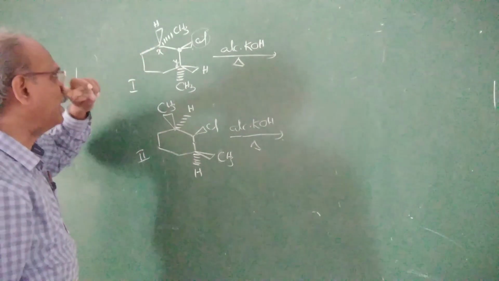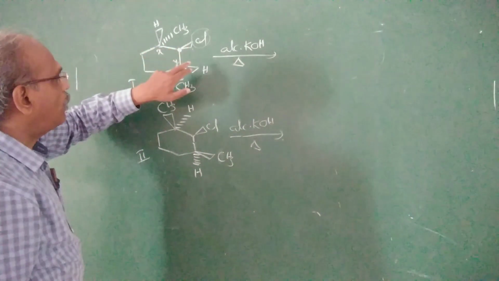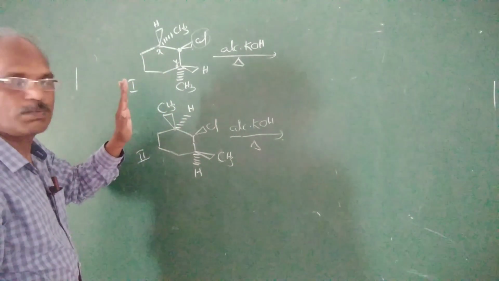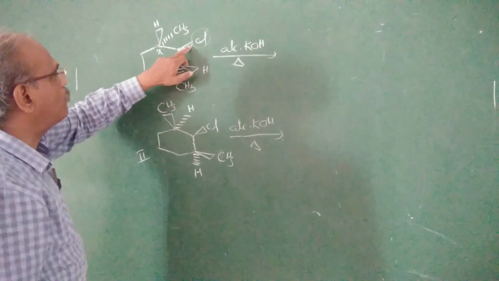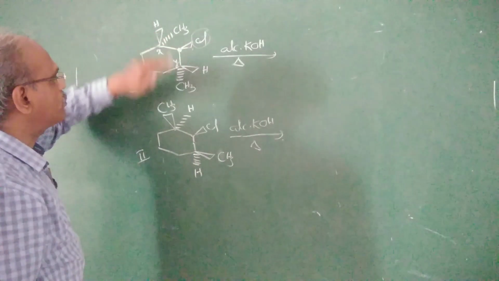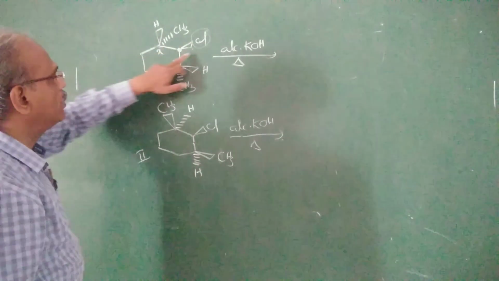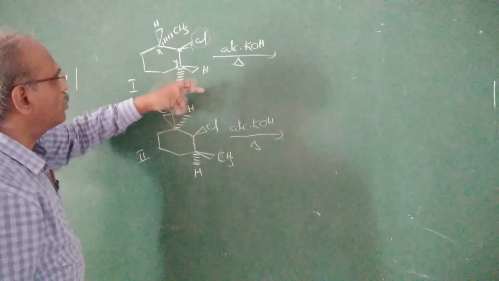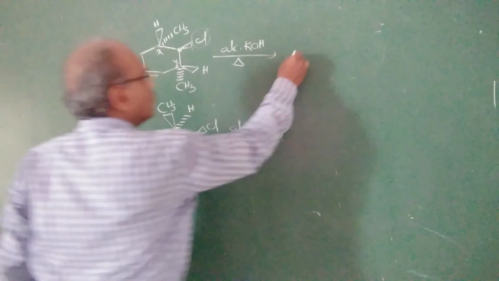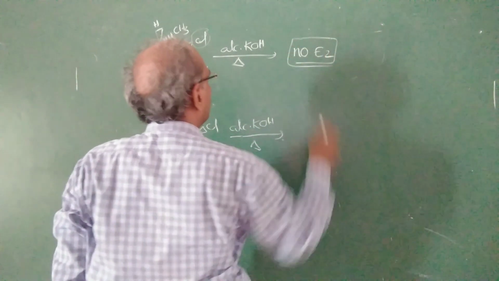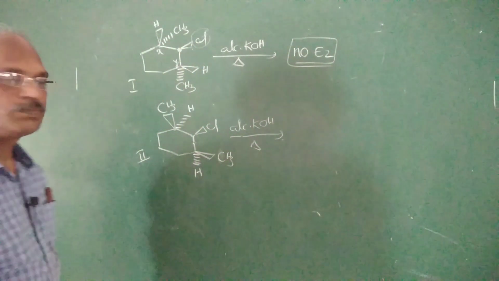No, clearly, because in cyclohexane system, anti-elimination is possible. Here Cl is above the plane, here H is above the plane. So removal of this hydrogen is not possible. So here also not possible. So no E2 reaction, no elimination.